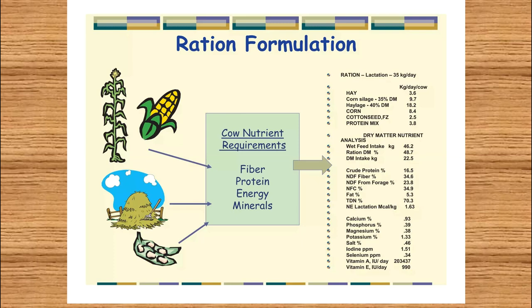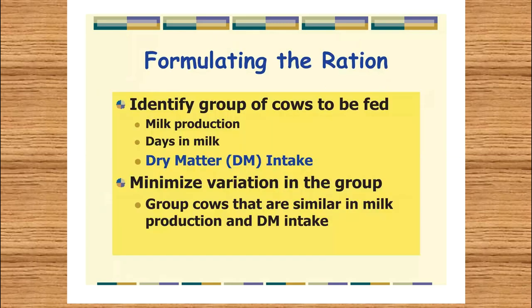0.46, then iodine is 1.41, 51, selenium 0.34, vitamin A that is 203437 international units per day, and vitamin E also is 990 units.